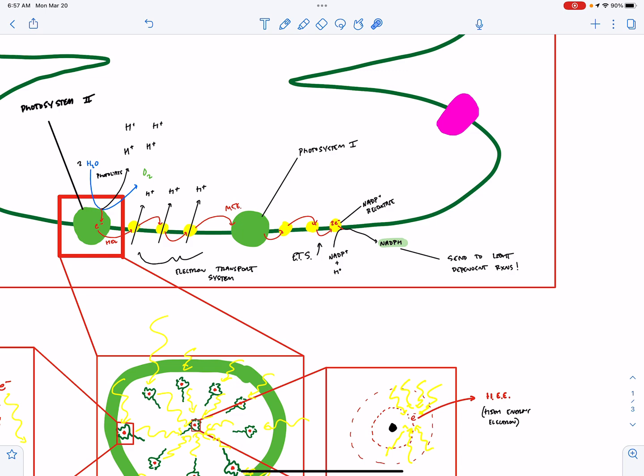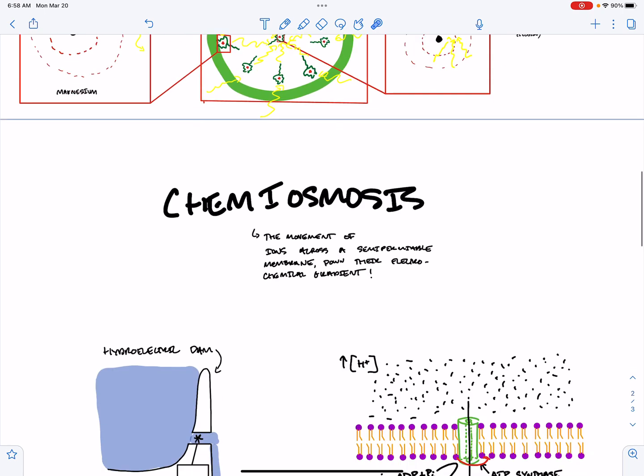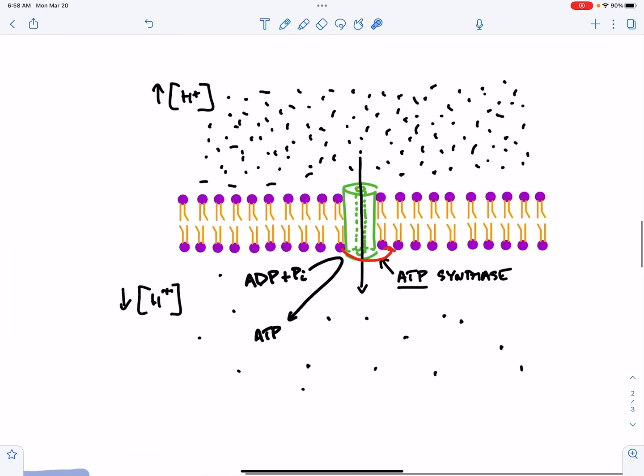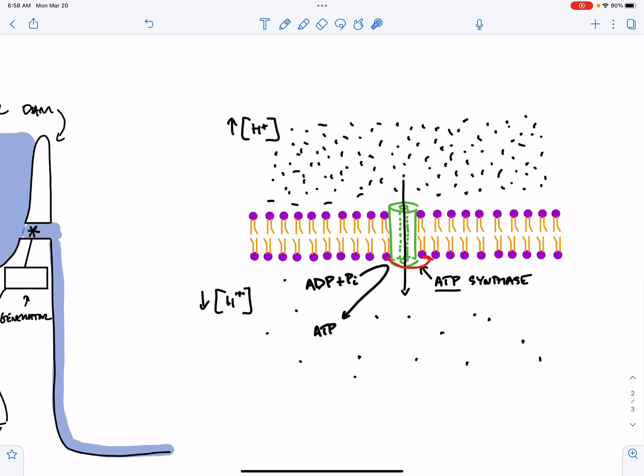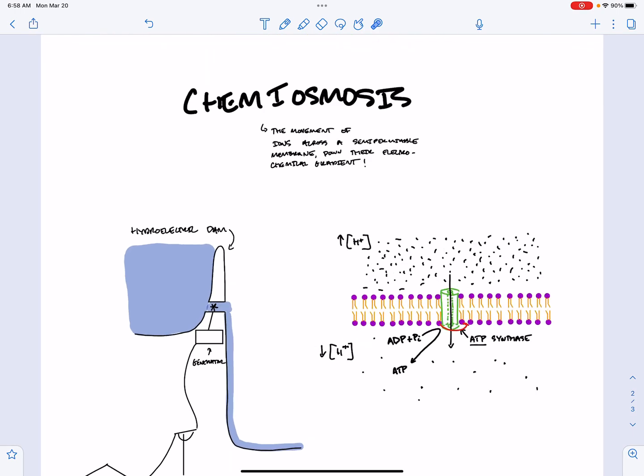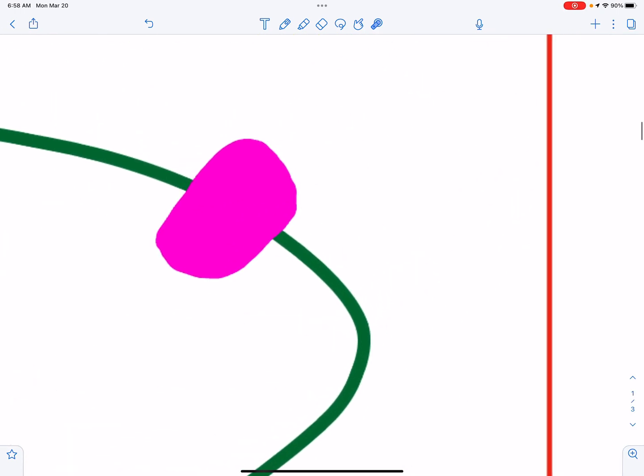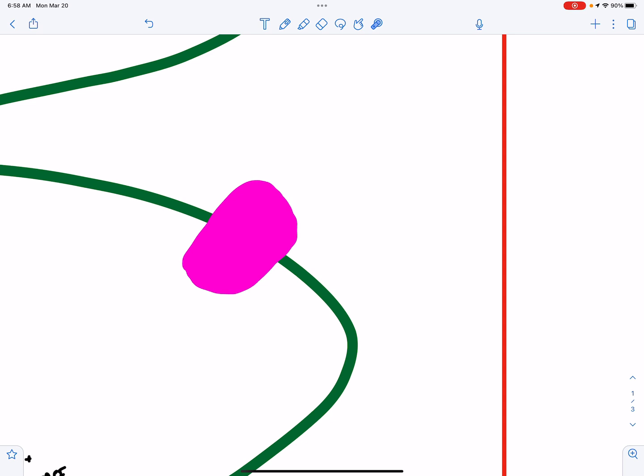Okay, but there's another piece to this as well. As you know, we've just pumped a bunch of hydrogen into the lumen of the thylakoid membrane system. And as you recall from your study of chemiosmosis, there is potential energy in a concentration gradient across a semipermeable membrane. And would you know it, there is a bunch of ATP synthase molecules embedded in the thylakoid membrane.